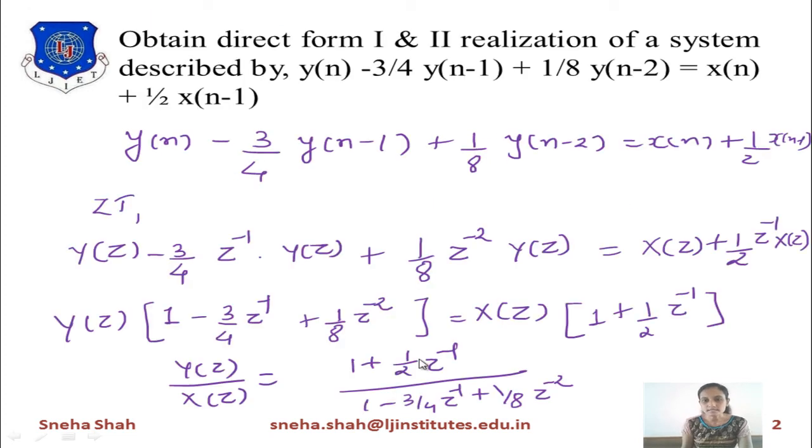So this term will remain as it is, but this term will convert into H of z, because output upon input equals the transfer function or impulse response, which is H of z.